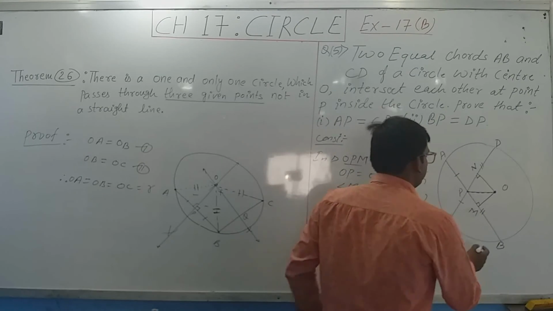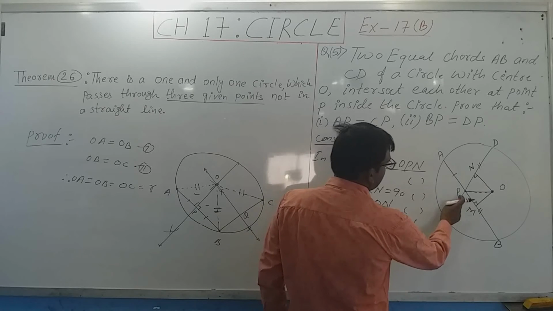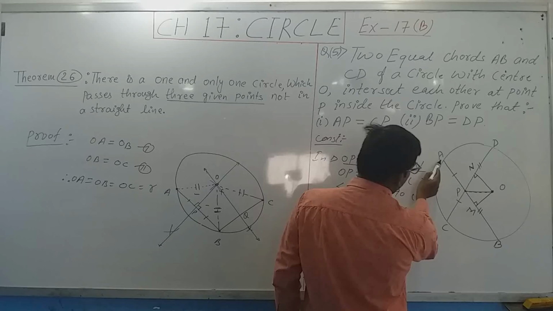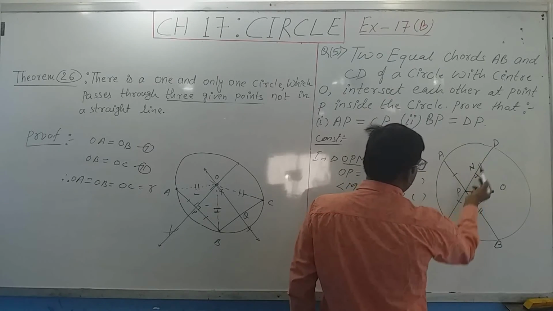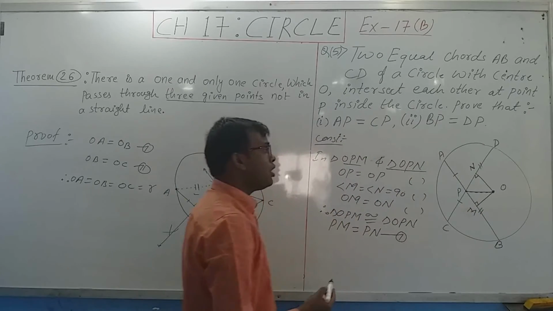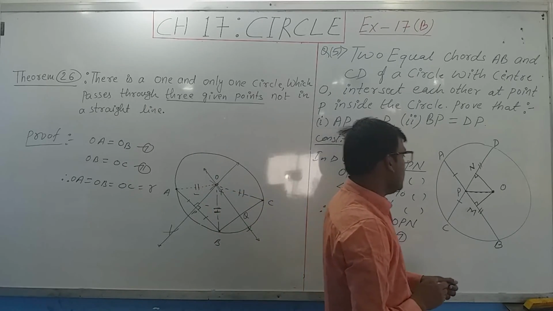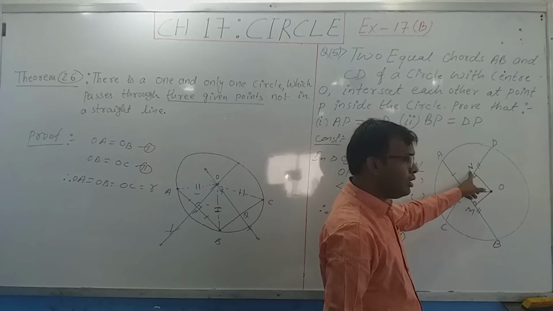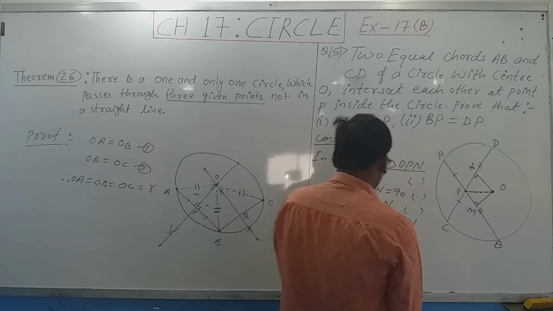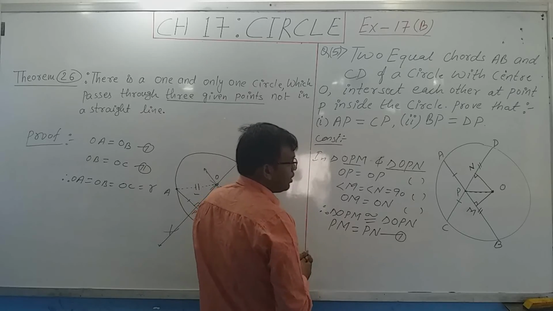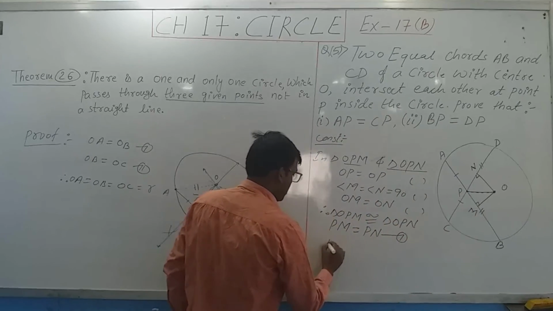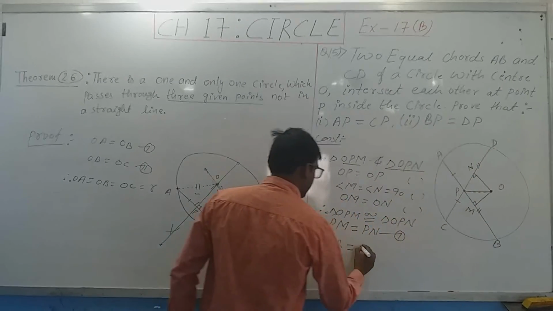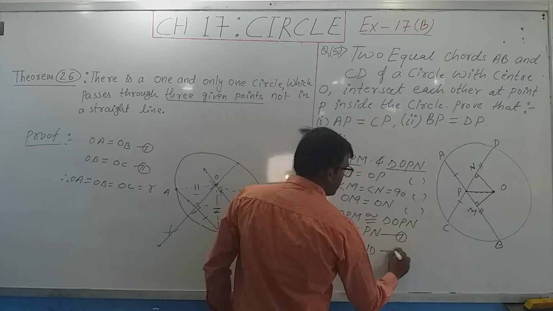And even you can say that since AB and CD are equal chords, and OM and ON are the perpendiculars, therefore we can say that MB is equal to ND.